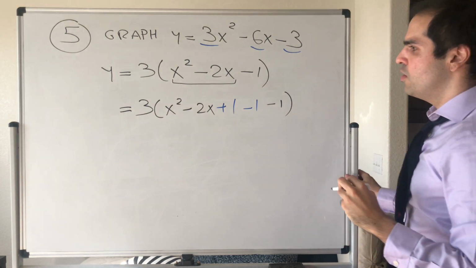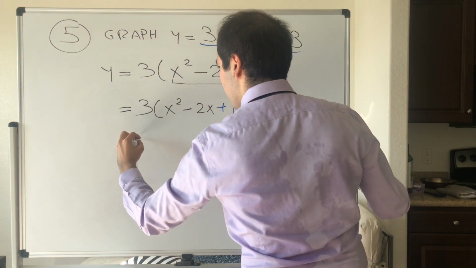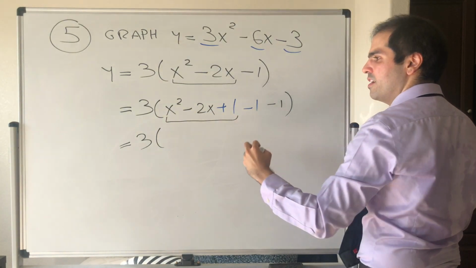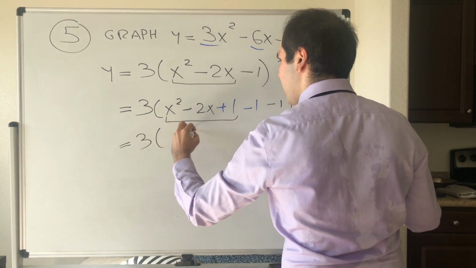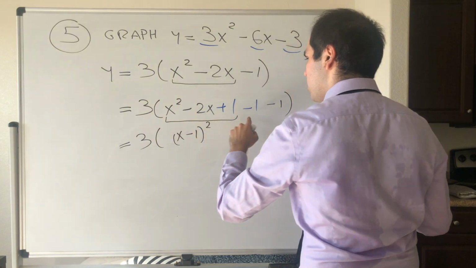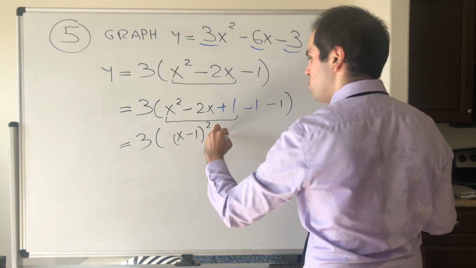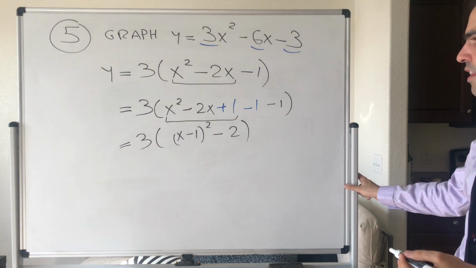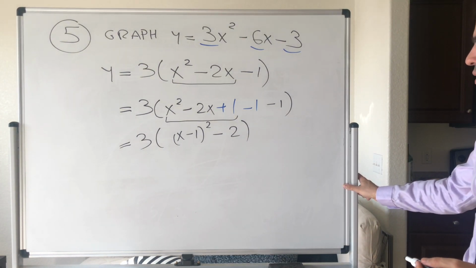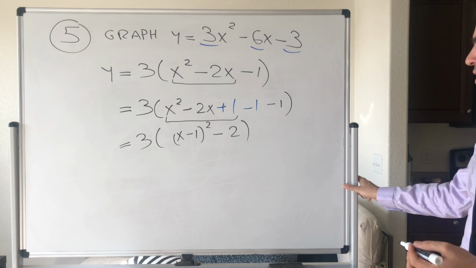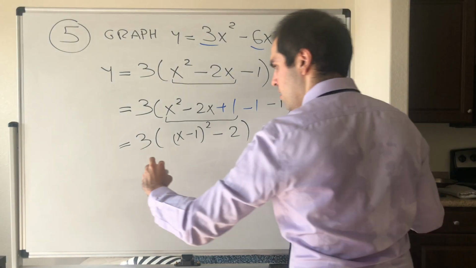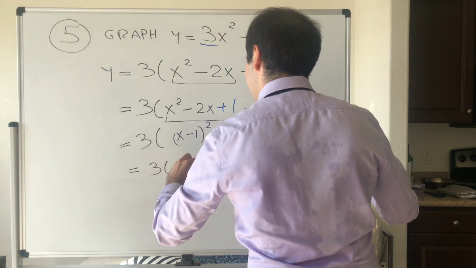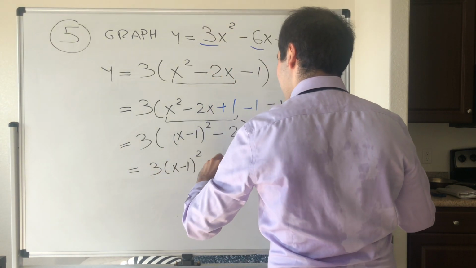And so basically what you left is the following. 3 times, so this whole gibberish becomes x minus 1 squared. And you still have this minus 2. So in the end, what we have is the following. So yeah, we get 3 times x minus 1 squared and then minus 6.